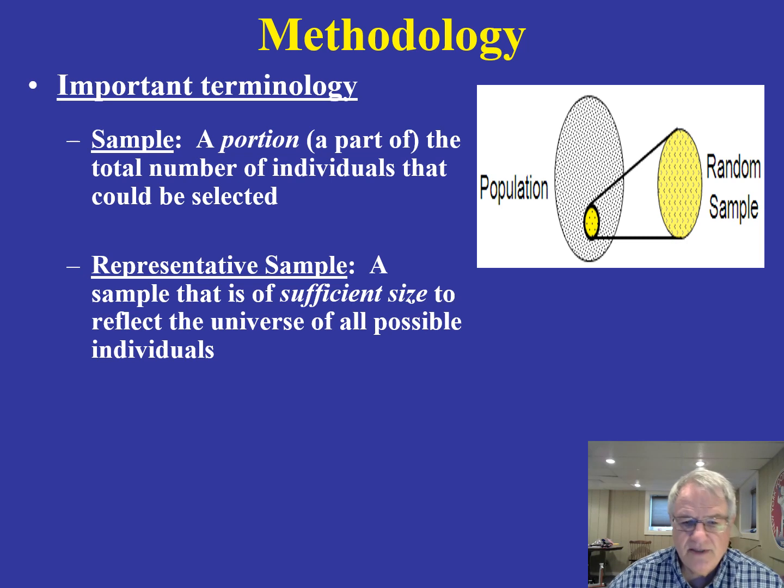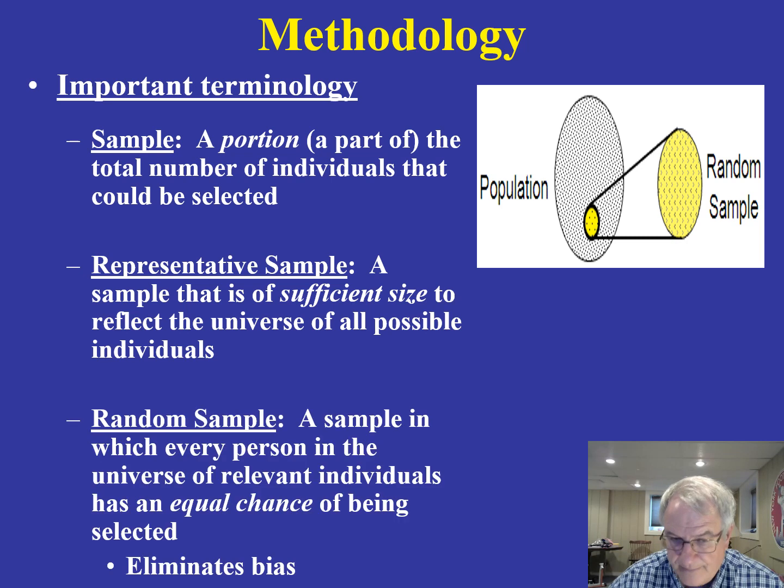A representative sample, a sample that is of sufficient size to reflect what we call the universe of all possible individuals. The larger our sample, the greater that sample is going to reflect all individuals. And indeed, there are ways of mathematically testing how large our sample should actually be. A random sample, a sample in which every single person in the universe of relevant individuals has an equal chance of being selected.